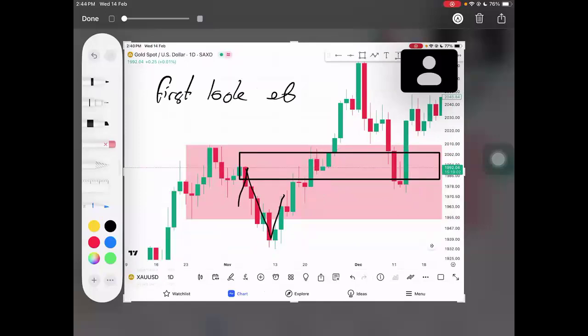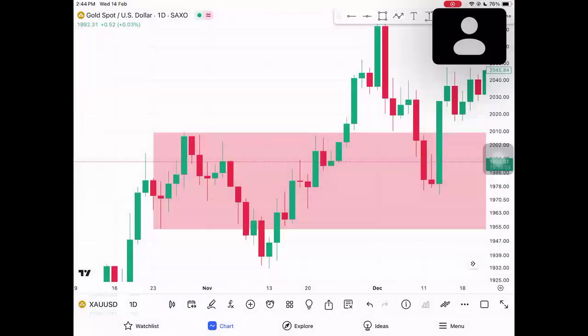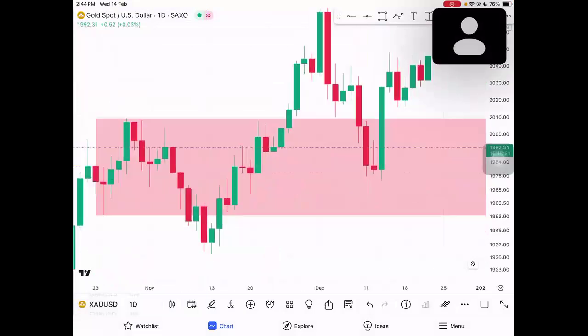So it will take. Then we mark this zone. So you always look for your EF first, and then the engulf right before it breaks the EF.